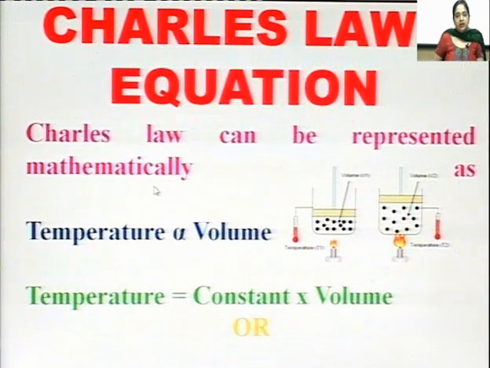Charles' law can be represented mathematically as volume directly proportional to temperature. Volume is equal to constant into temperature.